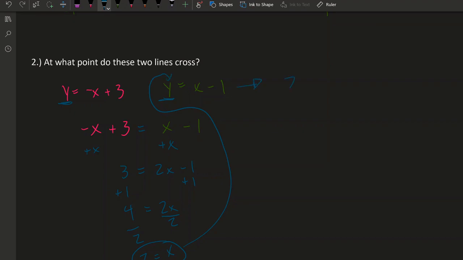Just kidding, I messed that up. It's going to plug in for x, not y. Y equals 2 minus 1, which is really easy. Y equals 1. So that means they cross at the point (2, 1).